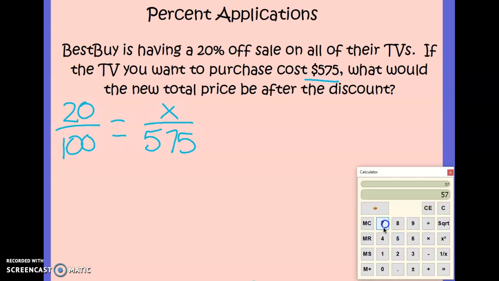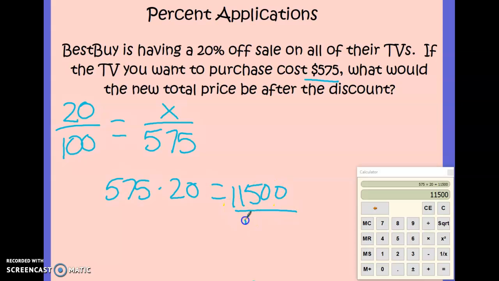So 575 times 20 equals 11,500. We're going to take that and divide by 100. Get $115. Now, this price is our discount.